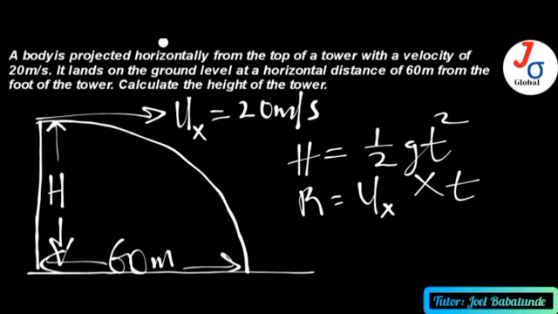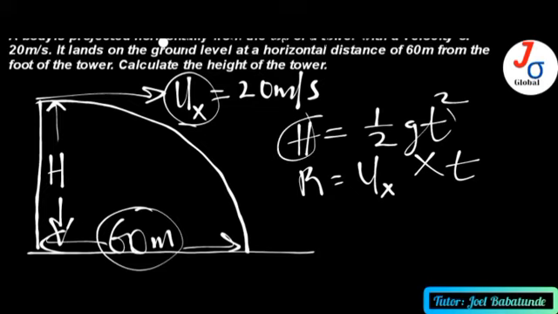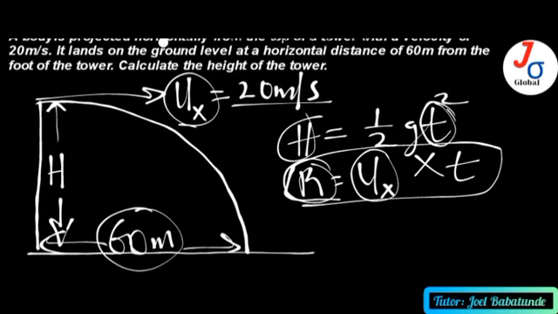Which of the two formulas do we have to use, given that we have r and we have u sub x, and we are looking for t? I only need t to calculate h, but I don't know what my t is. But I can get the value of my t from r, because r equals u sub x multiplied by t, where u sub x is given as 20, and r equals 60. So I can get my time.